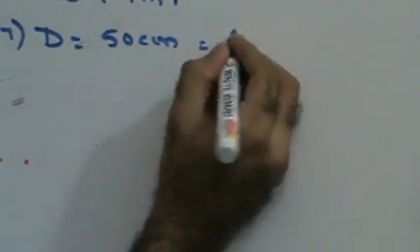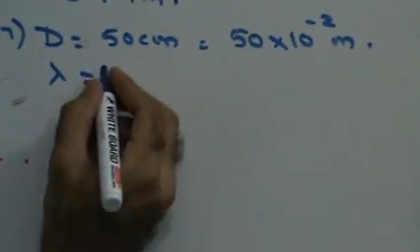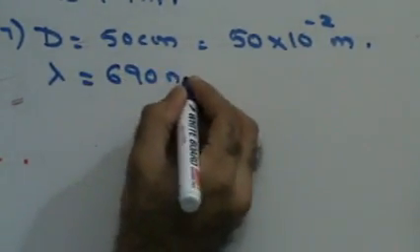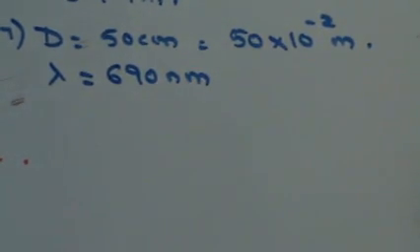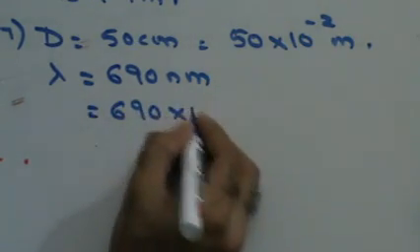A screen is placed 50 centimeters from a slit which is illuminated by a light of 690 nanometers.